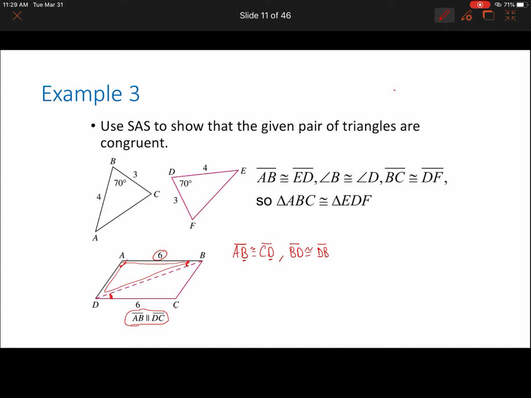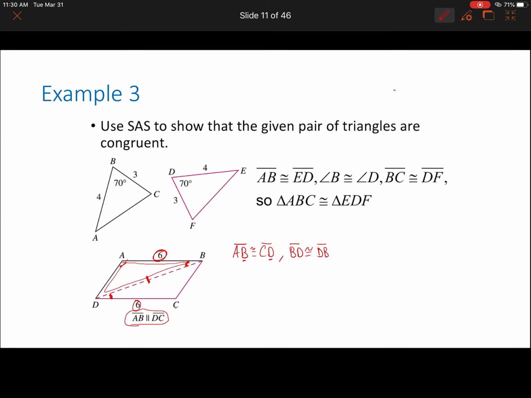So we don't want to say BD is congruent to BD because we're talking about two different triangles here. And so, again, the order has to matter. And you can really say that with our previous statement because we said that angle B and angle D would have to correspond based on that statement. So again, just want to make sure we have those in the right order.